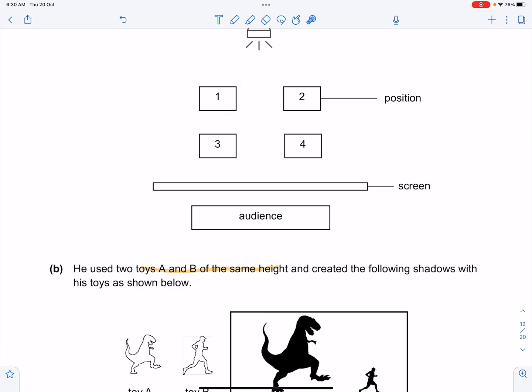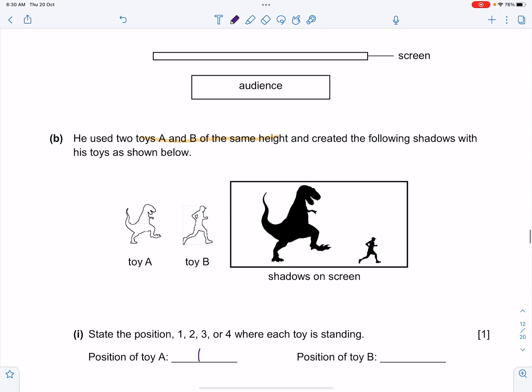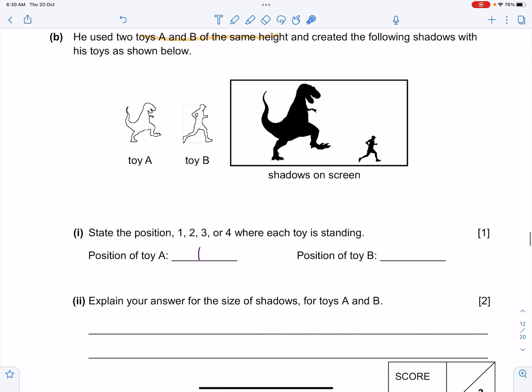So therefore, my answer is actually 1. And then for the next one, I know that it's on the right side, and it needs to be further away from the light. So therefore, this is actually 4.